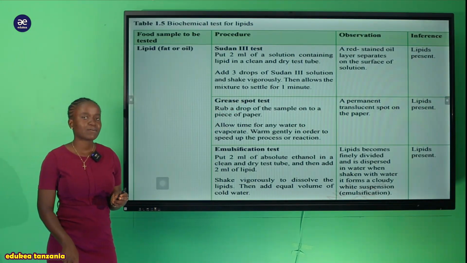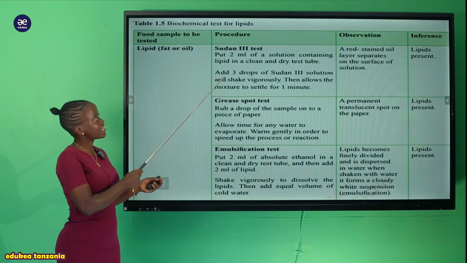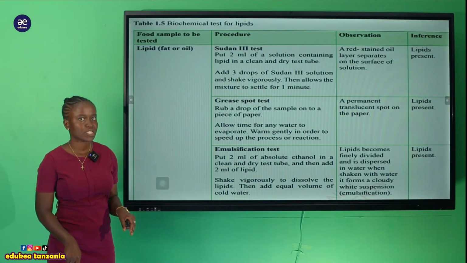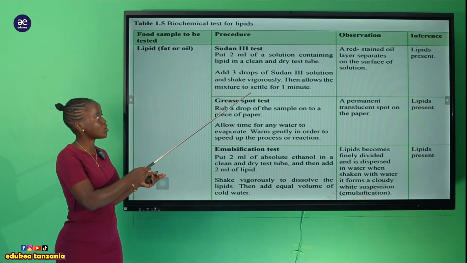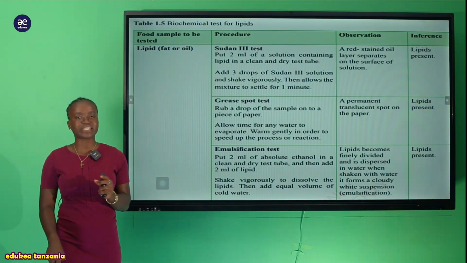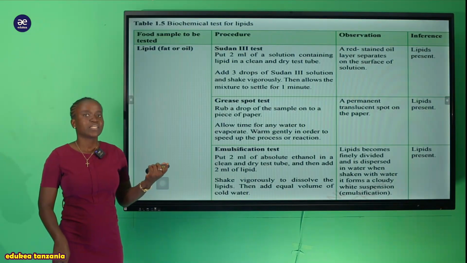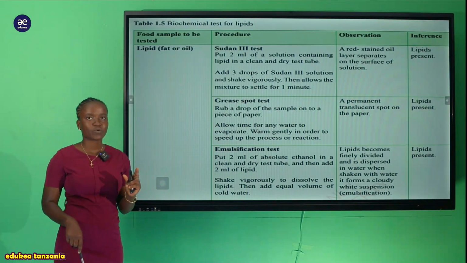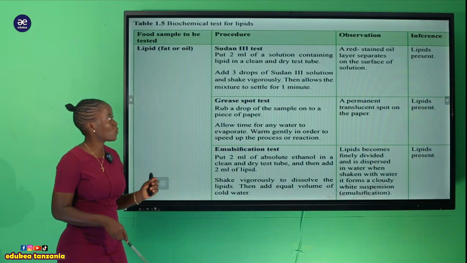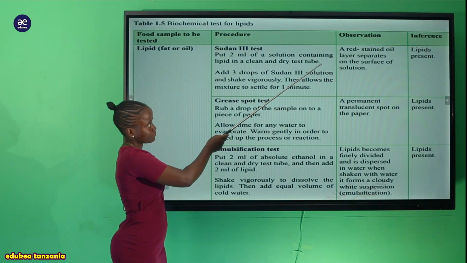So you take your sample which contains the lipid, then add 3 drops of Sudan III solution. After adding those 3 drops of Sudan III, you shake your mixture vigorously. After shaking vigorously, you let it settle for 1 minute. After that you are going to observe red stained oil.